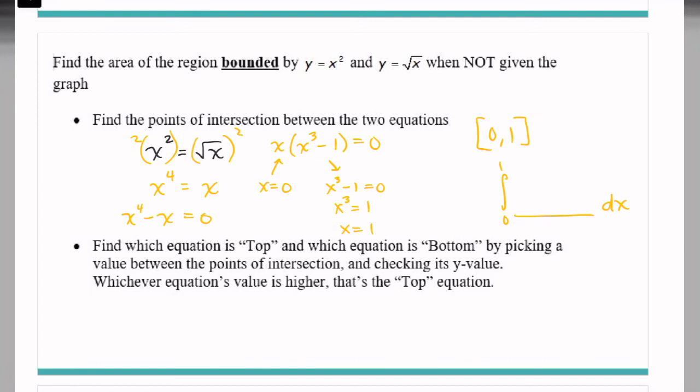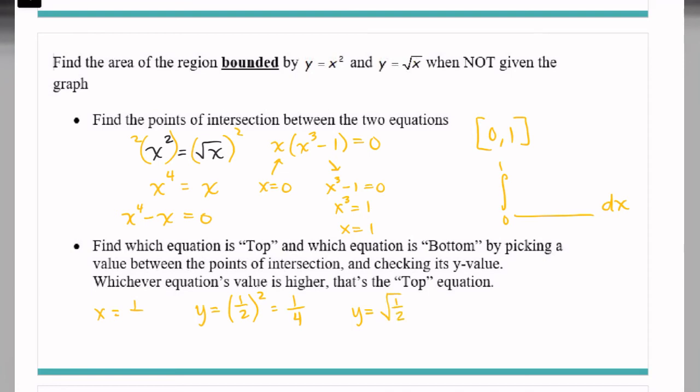So anything in between 0 and 1, I'm going to choose 1/2. Okay, if I plug 1/2 into x squared, I'm going to get 1/4. Actually, you know what?